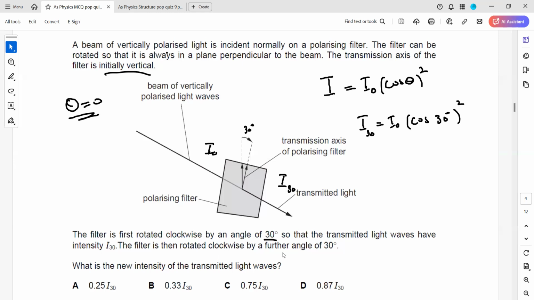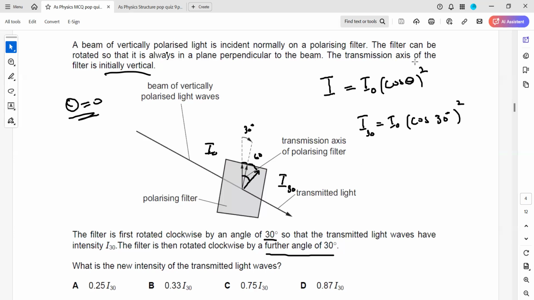Now we rotate a further 30 degrees. If we rotate a further 30 degrees, what will be the angle? The total angle will be 60 degrees, because this is 30, then another 30. We always take the total angle from the vertical axis.